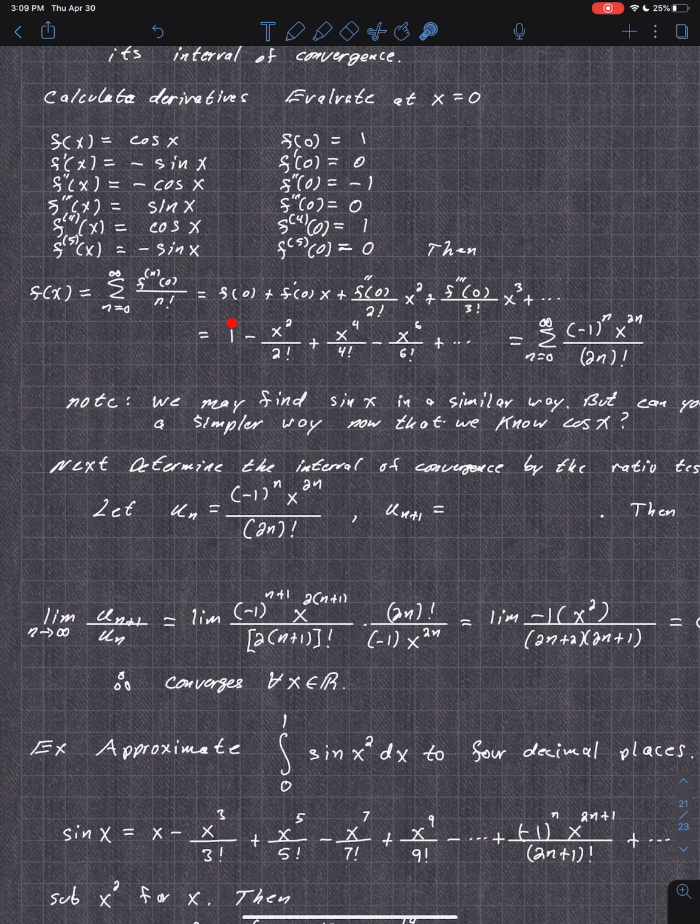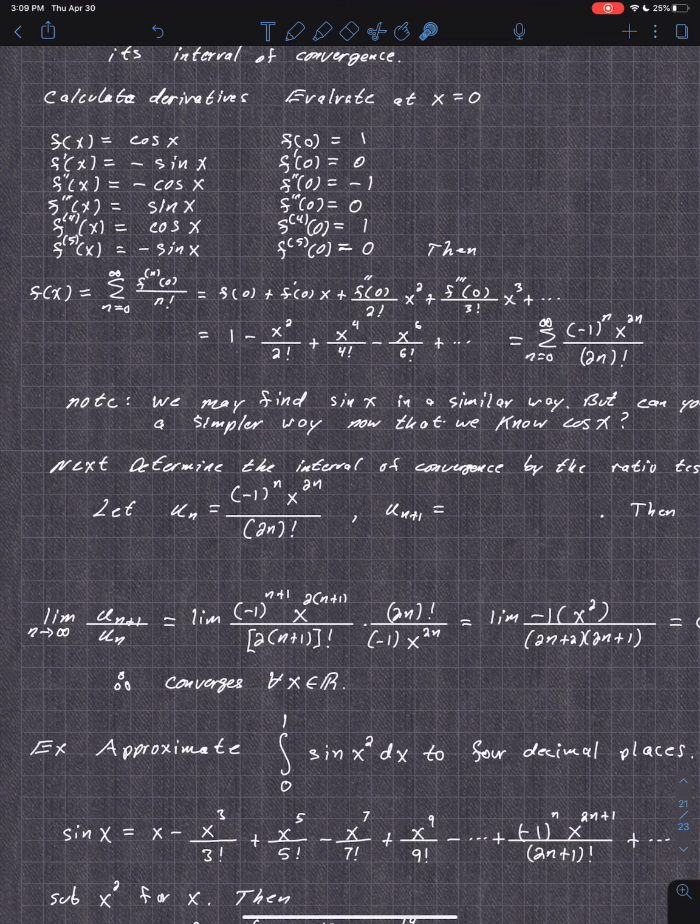So this is n equals 0, 2, 4, 6, etc. So you get this expansion for f of x. That would be the question, essentially.